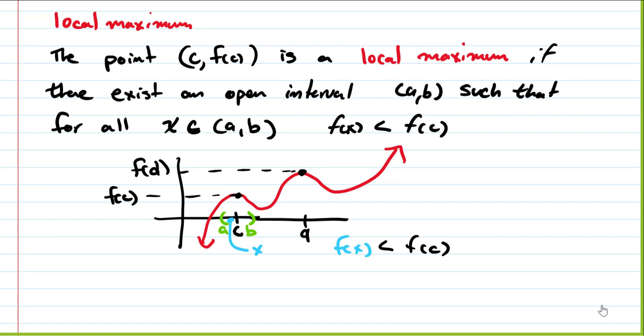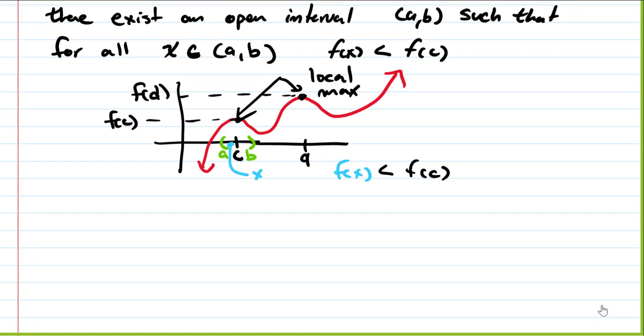As hinted at by this diagram, a graph can have multiple local maximums. So in this picture, both of these are local maxes. So a graph can have more than one. In fact, it can have an infinite number of local maximums and local minimums.